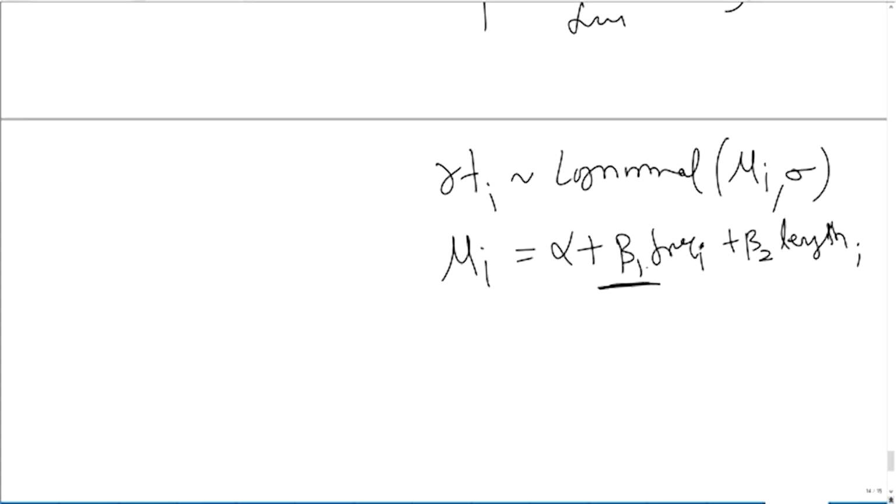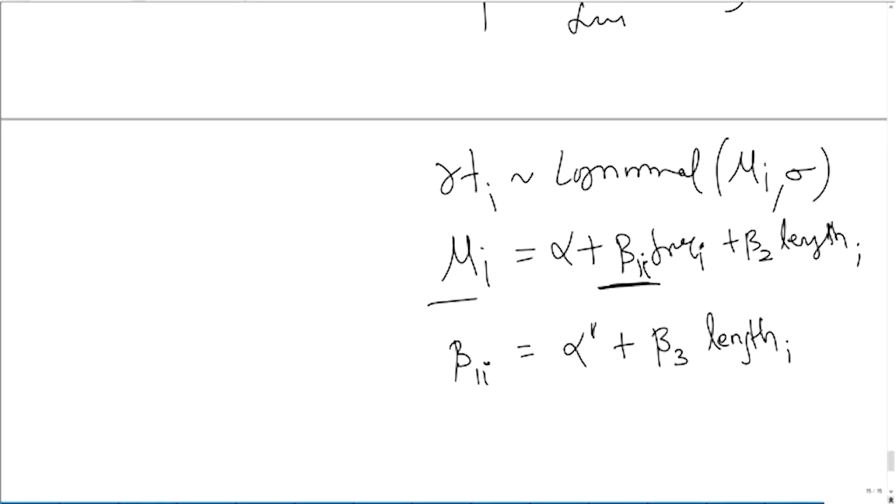What we can do is write beta 1 i, so beta 1 for the ith word. Now you can write beta 1 i equals, so this itself is a function of word length, alpha dash plus some slope parameter beta 3 into word length for the ith word.